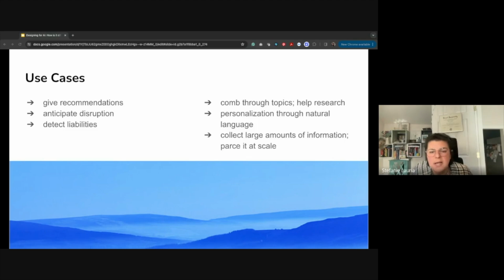AI obviously can collect a lot of information. It can parse at a scale, collect knowledge from all sorts of different sources, and really give users a ground truth, right? ChatGPT is a really good example. It's sourcing information from all over the internet, and then being able to answer a question.